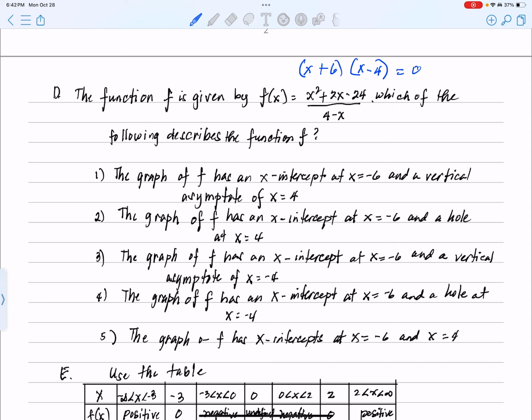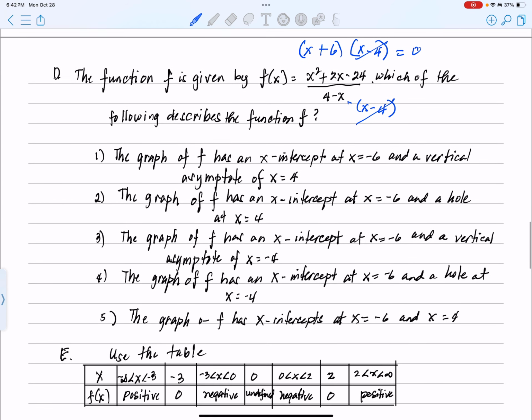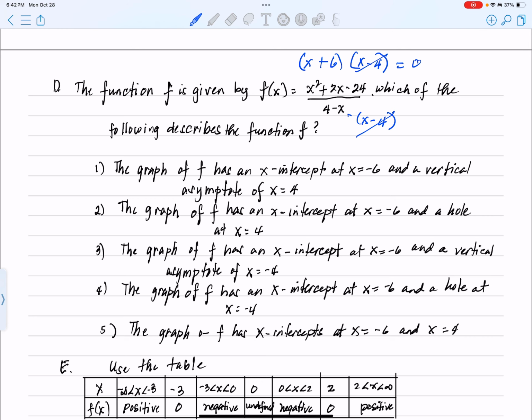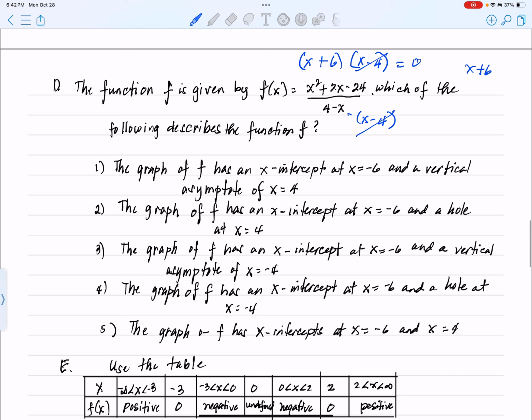So how can we change this? We multiply by a negative 1 to make the x positive and the 4 negative, so that we can cancel and find a hole if there is a question about a hole. Our 0 is x plus 6 equals 0, so x is negative 6.